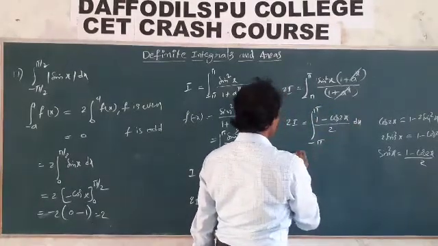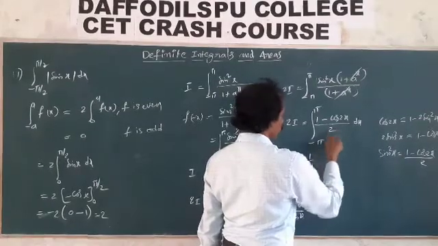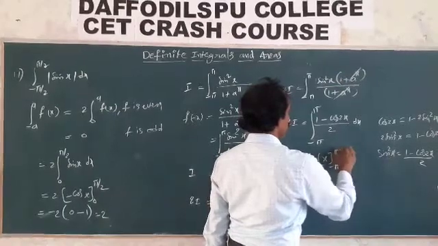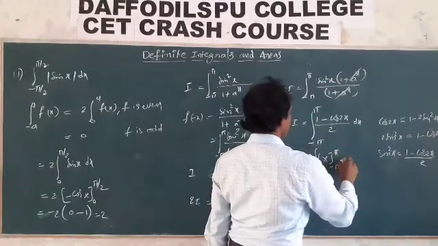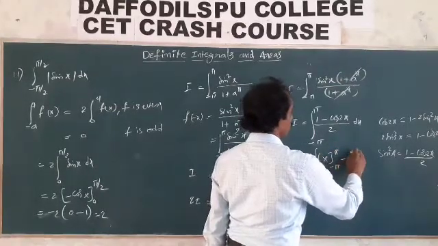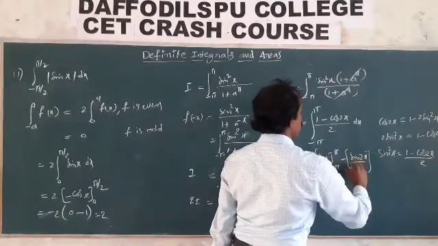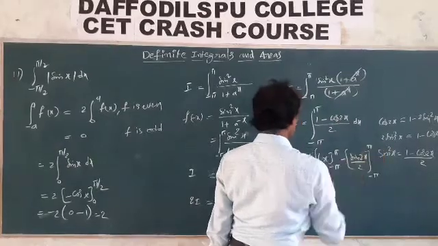So I is equal to 1 by 4, the integration of 1 is x from minus pi to pi, minus the integration of cos 2x, which is sin 2x by 2, from minus pi to pi.